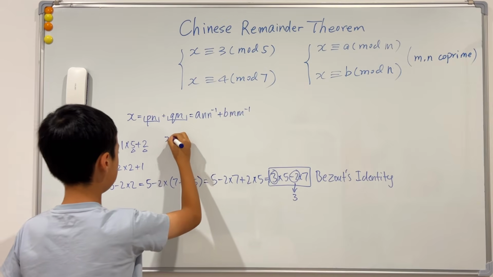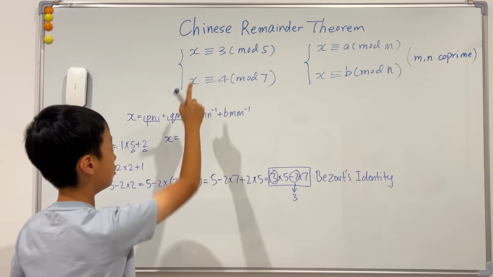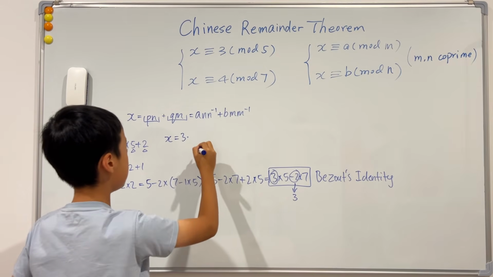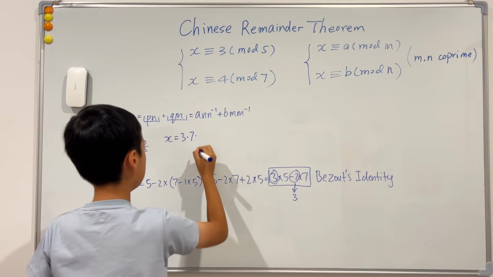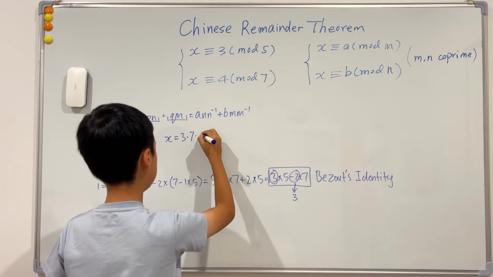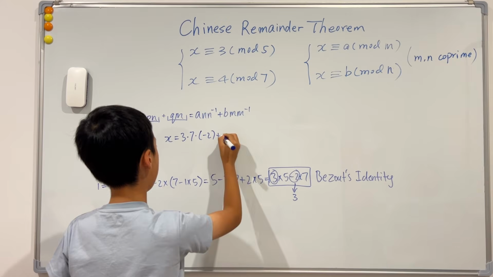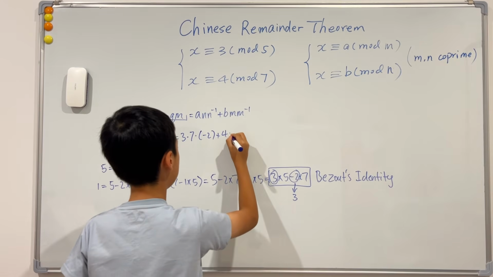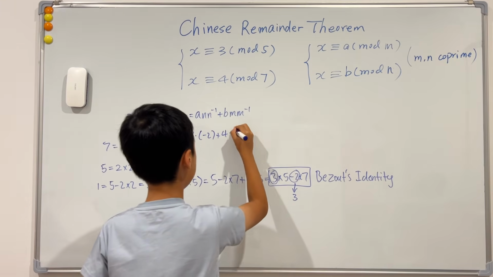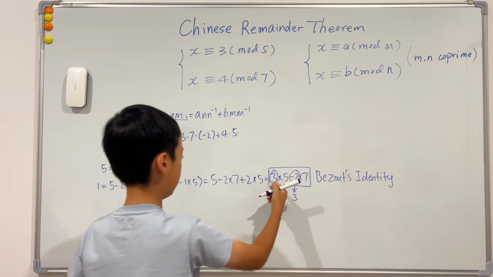So we see that x will be a, which is 3, times n, which is 7, times 7 inverse, which is negative 2, add b, which is 4, times m, which is 5, times m inverse, which is 3.